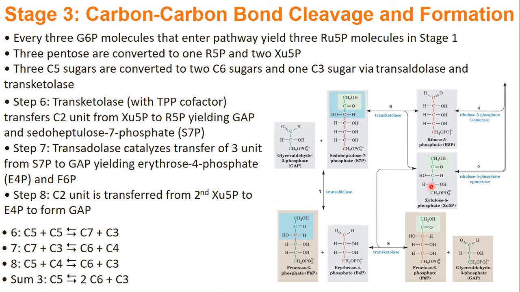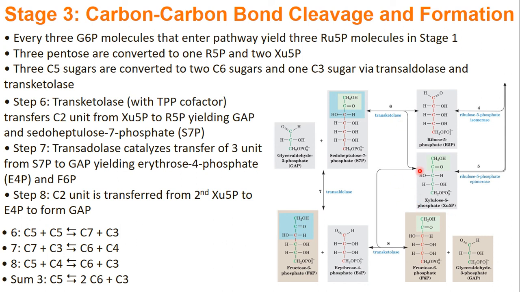But from this, we're going to take a 2-carbon unit from xylulose 5-phosphate, give it to our E4P to make another fructose 6-phosphate, and we're left with a glyceraldehyde 3-phosphate. All right, so that's why originally we make 2 molecules of xylulose and 1 molecule of ribose, because when we're making our products, which are 2 molecules of F6P and 1 molecule of GAP, we only use 1 molecule of R5P and 2 molecules of xylulose 5P.